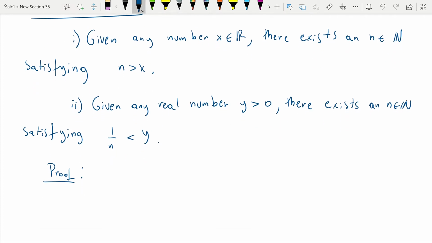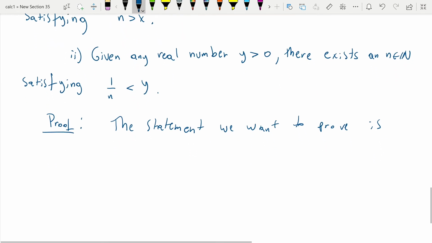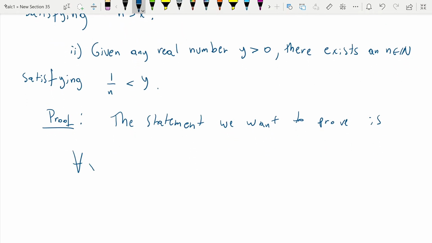Remember the statement we want to prove: for all x in R, there exists an n in N such that n is bigger than x.